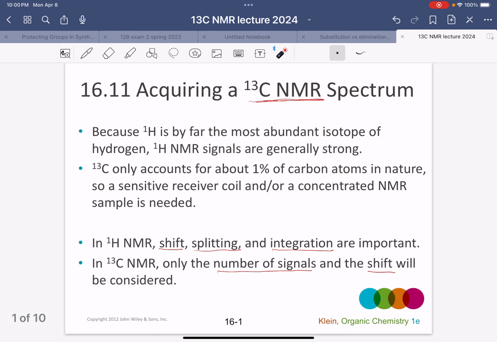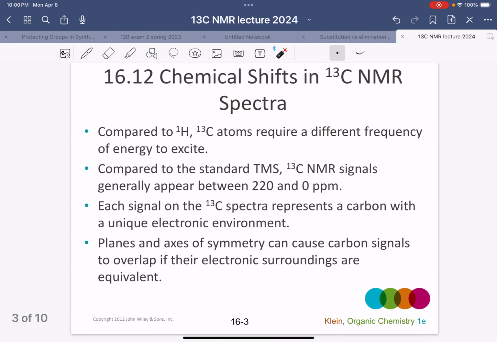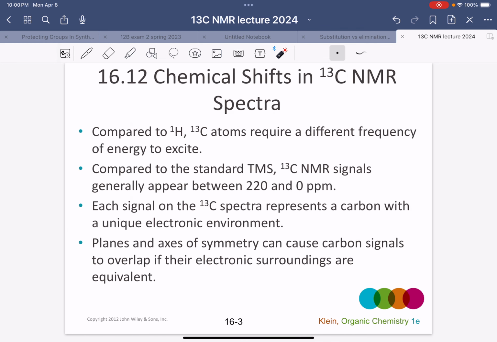Remember, carbon-13 is only about 1% of carbon atoms. So with fewer carbon atoms, it's less likely that there will be two carbon-13 atoms next to each other, and we won't get splitting. So a typical carbon-13 atom will most likely have carbon-12 atoms next to it, and carbon-12 doesn't cause any splitting.